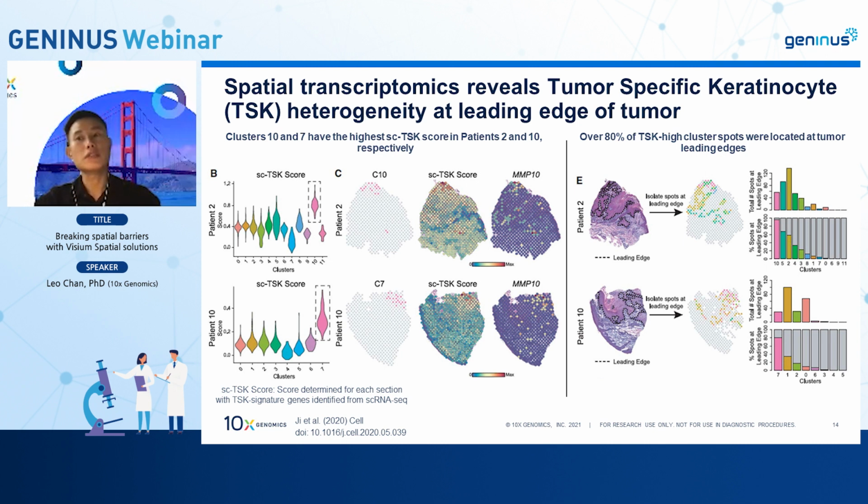These tumor-specific keratinocyte cells reside in the tumor edges, as shown in these spatial data sets. And their partners in crime are the endothelial and cancer-associated fibroblast cells that they infer from the cell-cell interaction analysis from the spatial data.